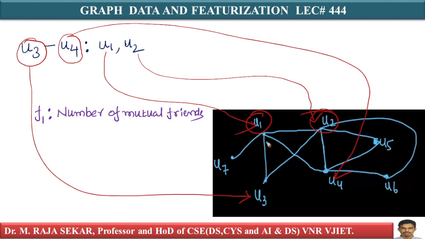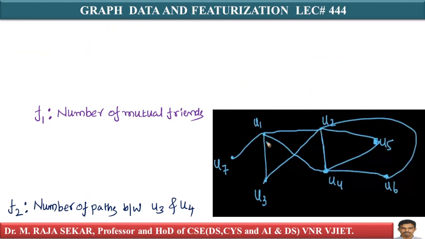The second, more interesting feature could be f2, the number of paths between U3 and U4. A path basically means how many ways I can reach from U4 to U3, isn't it? I can reach from U4 to U3 via U2.